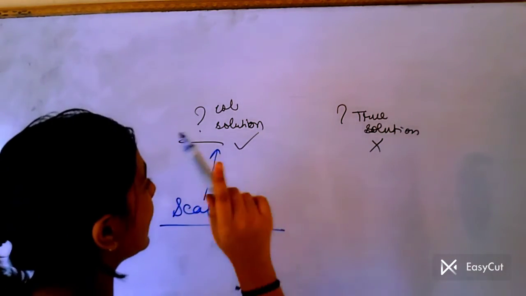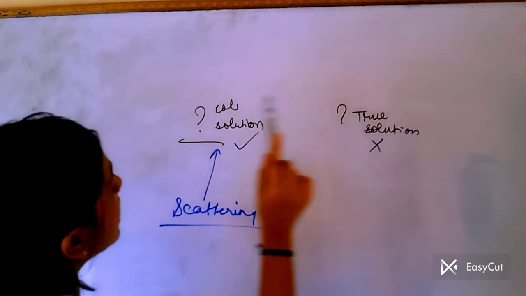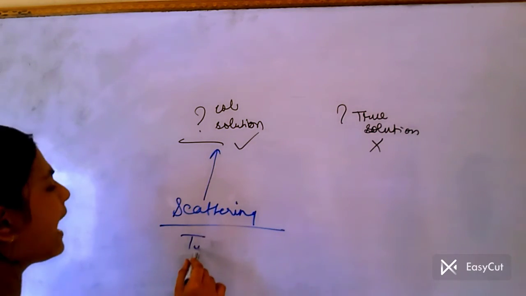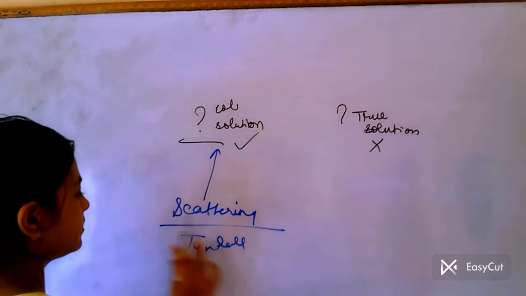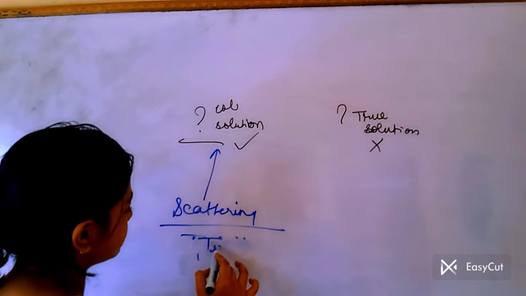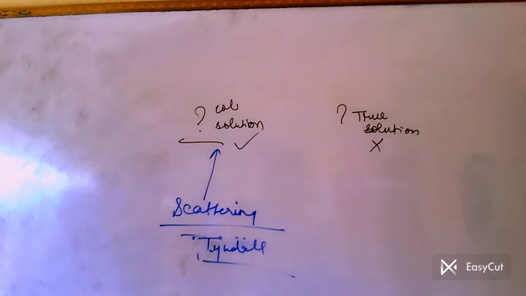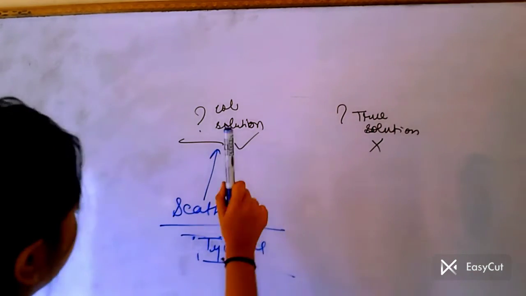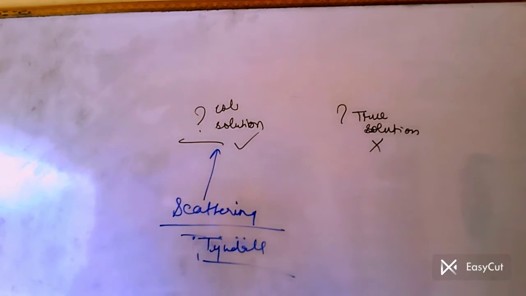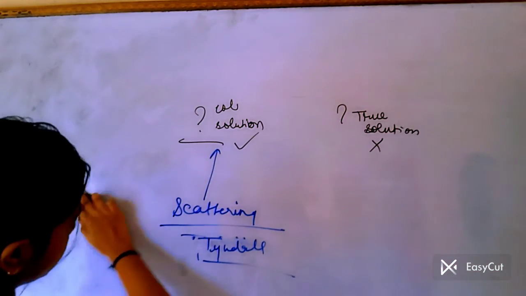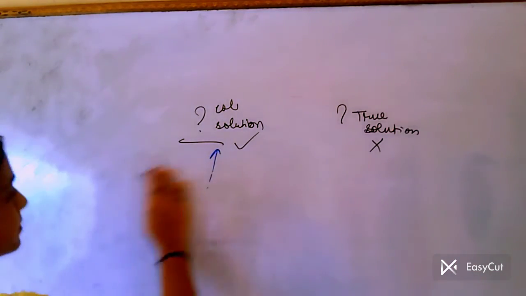They do not have enough size to favor the Tyndall effect, and therefore it does not show it. Everything is based upon favorable and unfavorable conditions. Colloids show the favorable conditions, true solutions do not, and therefore colloidal solutions show the Tyndall effect, whereas true solutions do not. It is a very much asked question. I guess it comes in the category of the most asked questions.